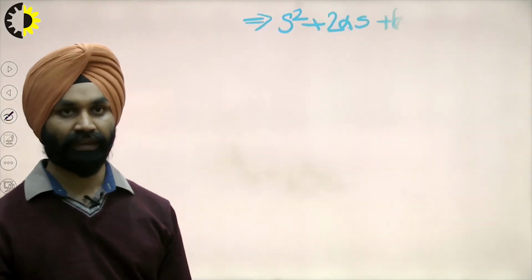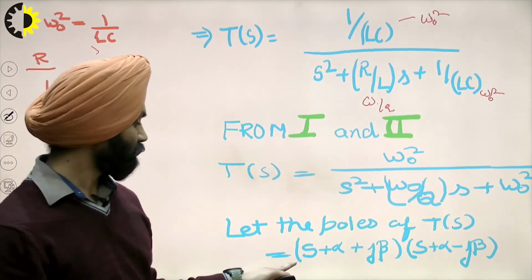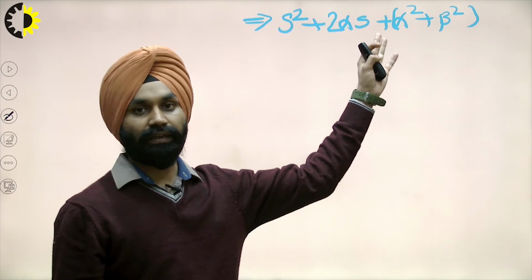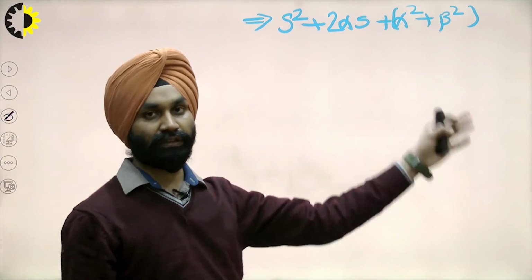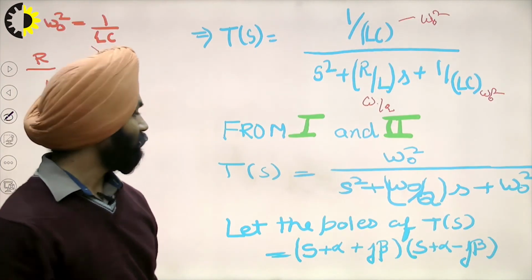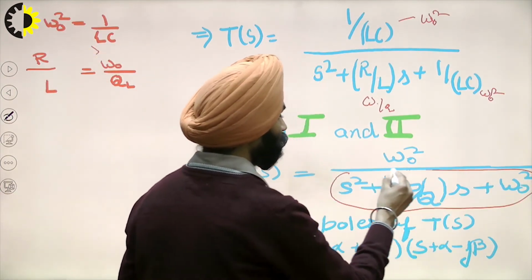Then, if we solve this equation, we will get s square plus 2 alpha s plus alpha square plus beta square, and this whole term is giving the poles.